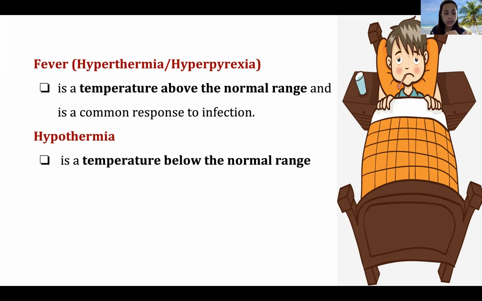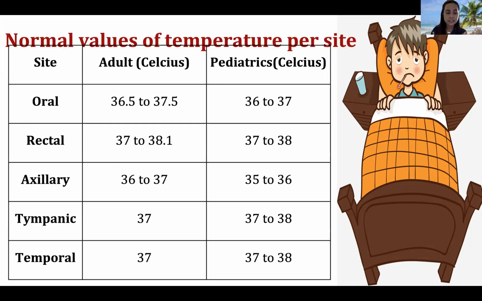Hypothermia, on the other hand, is a temperature below the normal range. So what is the normal range? This is the normal range. So you should memorize what is the normal so you will know what is abnormal. It's very difficult to know what is abnormal if you don't even know what is the basic.